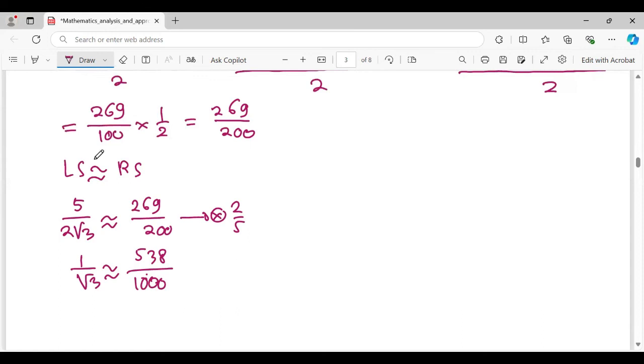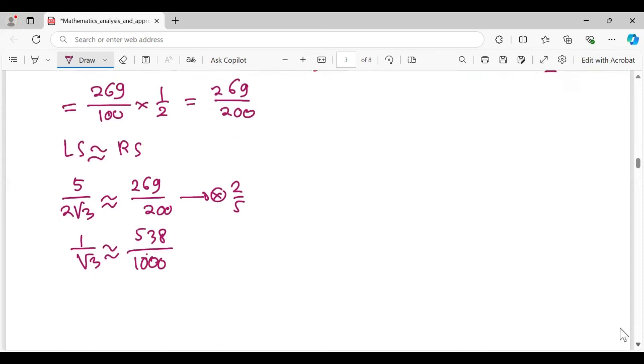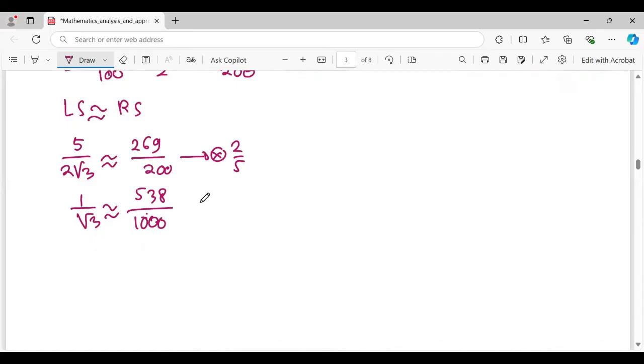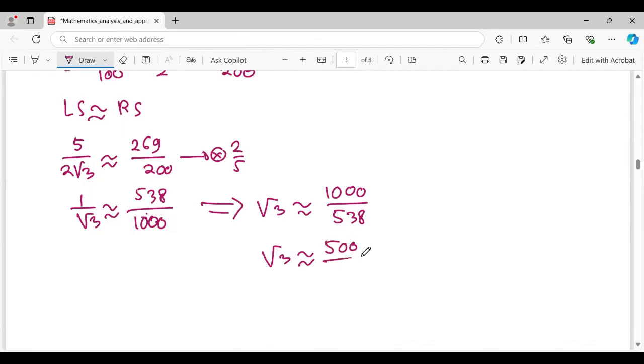So it becomes, the opposite, square root 3 is 1,000 over 538. So square root 3 is approximately 500 over 269.